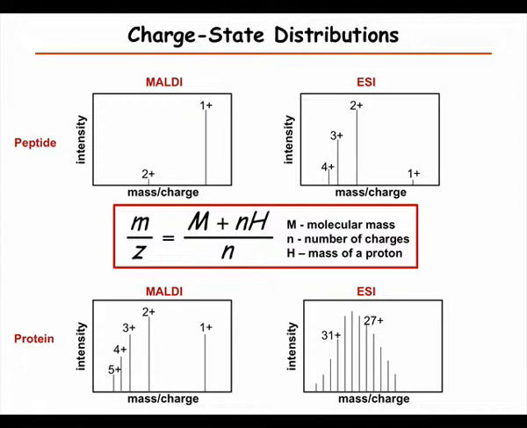The matrix molecules are chosen so that they absorb the laser light at that wavelength. And then they explode. And in this explosion, they drag with them the peptides and proteins that are embedded in the crystal and throw them out into the gas phase.